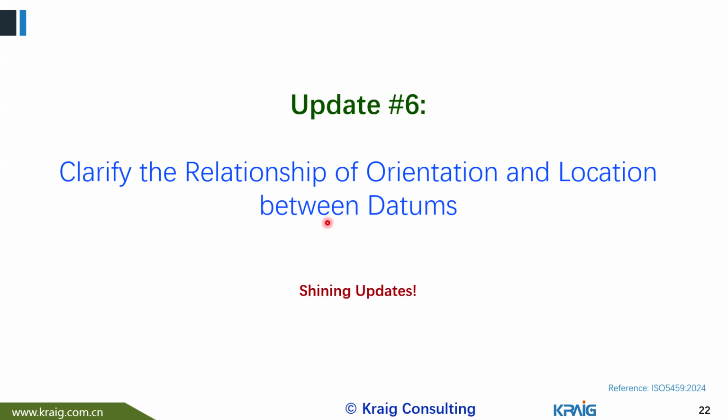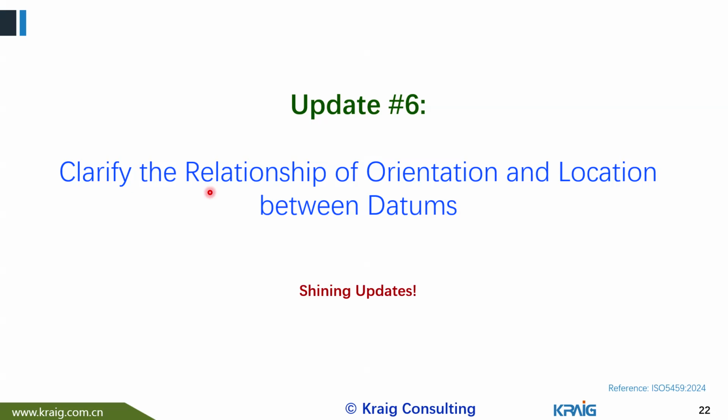Update number 6. This update is very important. It clarifies the relationship between the datums, and we know for datums there's datum A, B, C. That means some datum is before another datum.